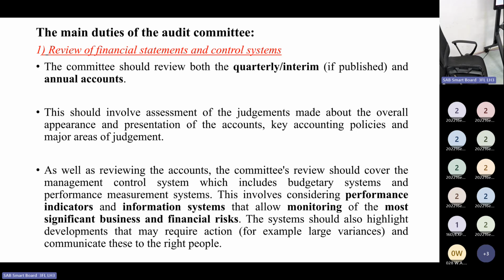Management accounting is for managers to make decisions; they need information. That information is provided by management accounting. Financial accounting is for publishing your accounts, but management accounting is for internal purposes where management wants to make decisions, so you have to give information.